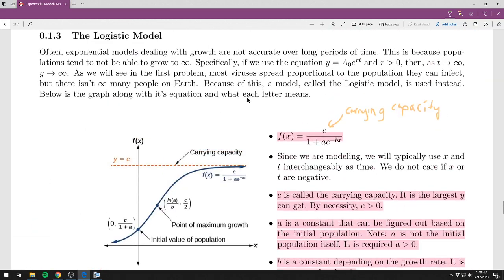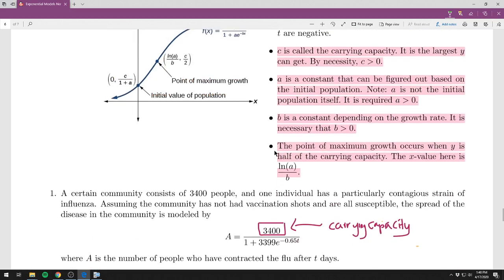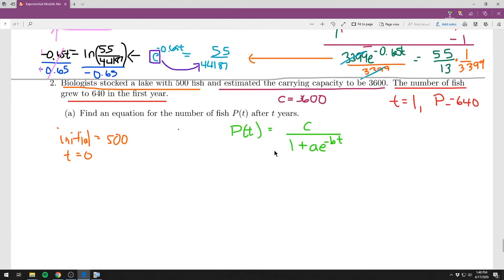If you write it down when you do the problems, that's the best way to try to memorize it. What we need to figure out in this problem is what is A, what is B, what is C. We are told C is 3600 in the problem. That's the carrying capacity.